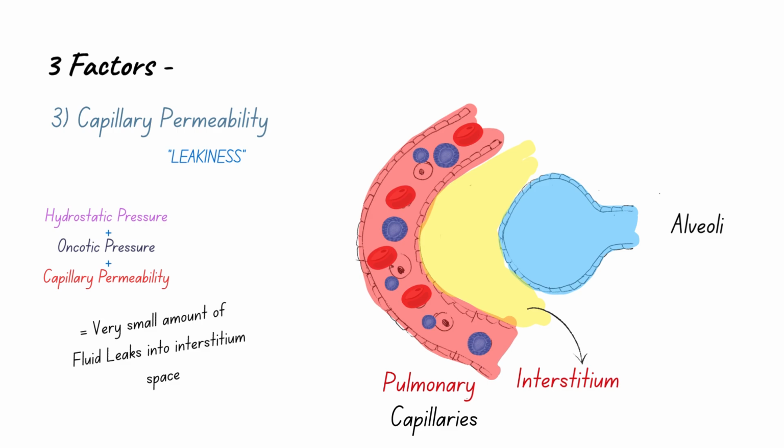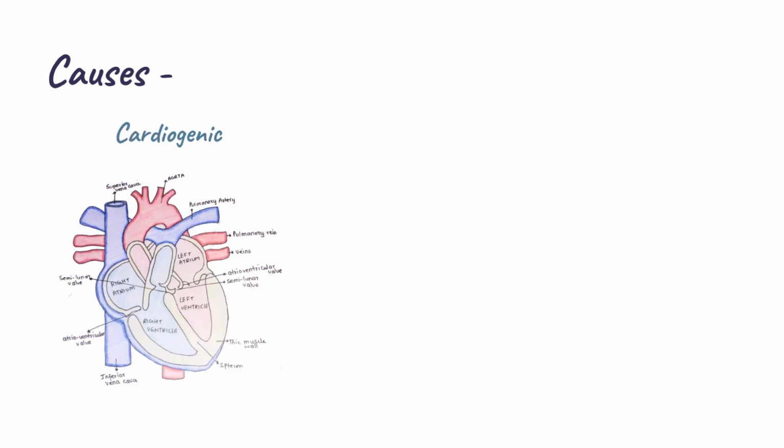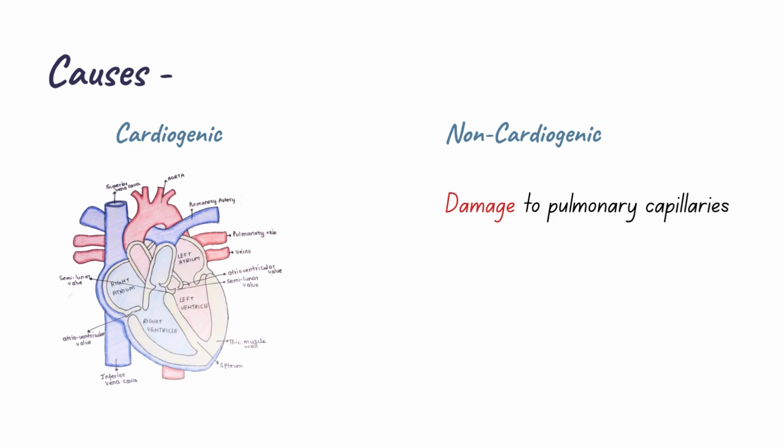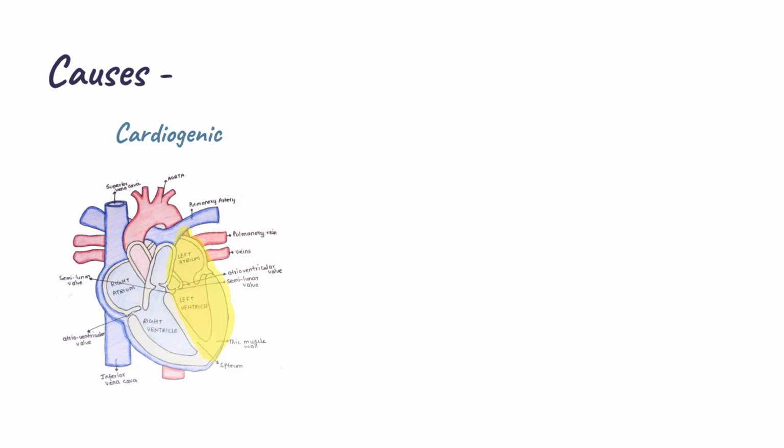Now, the underlying cause of pulmonary edema can be cardiogenic, meaning that it develops as a result of a heart disease, or can be non-cardiogenic, which typically involves damage to the pulmonary capillaries or alveoli. The most common cardiogenic cause is left-sided heart failure.